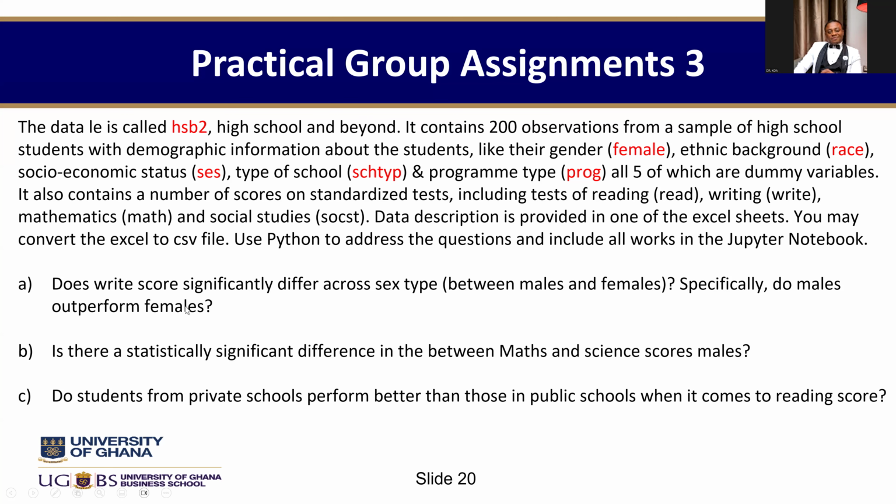You do your analysis, put all your codes and everything. Is there a statistically significant difference between mathematics and science scores? Okay, between males, that's how it's supposed to be.